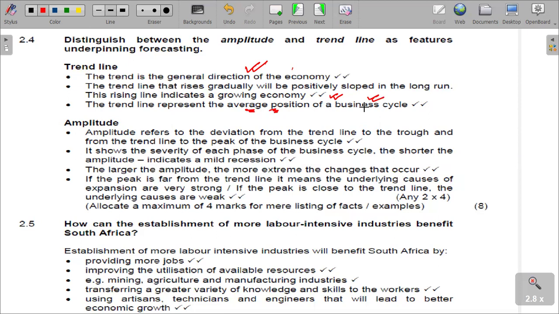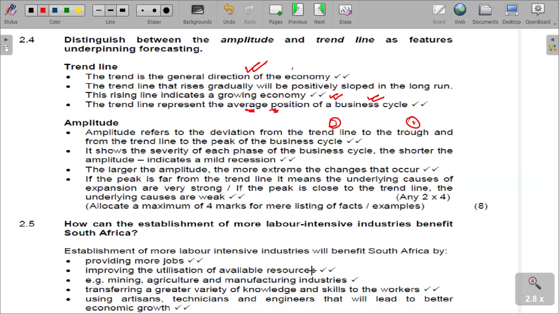And then the amplitude refers to the deviation from the trend line to the trough, which is the distance or movement from the trend line, to the trough and to the peak of the business cycle.